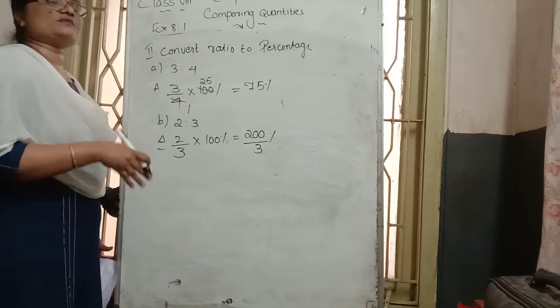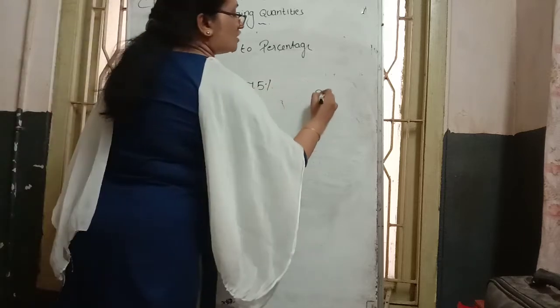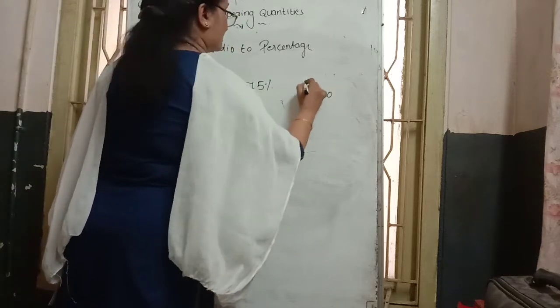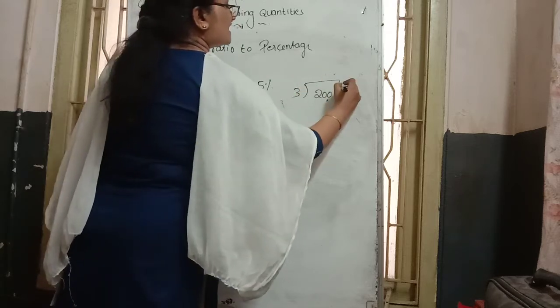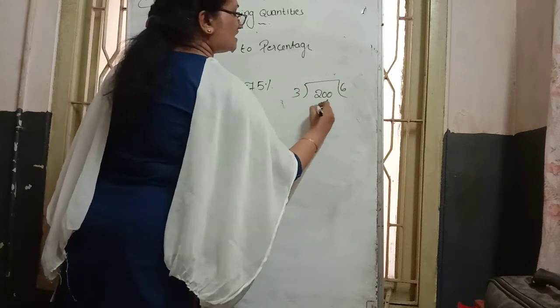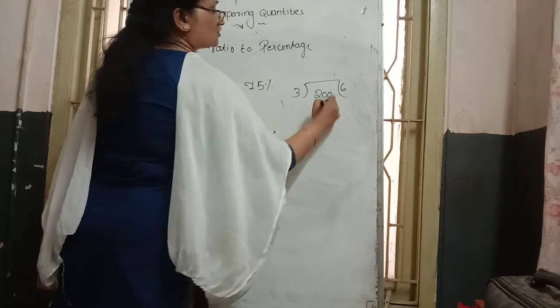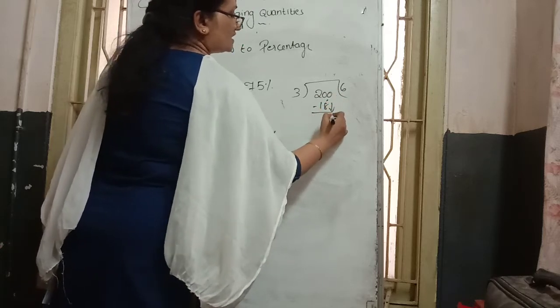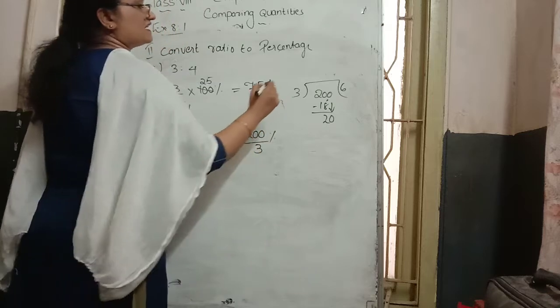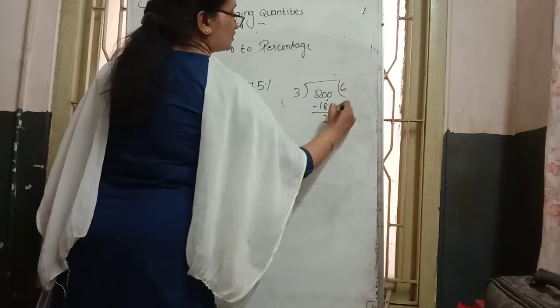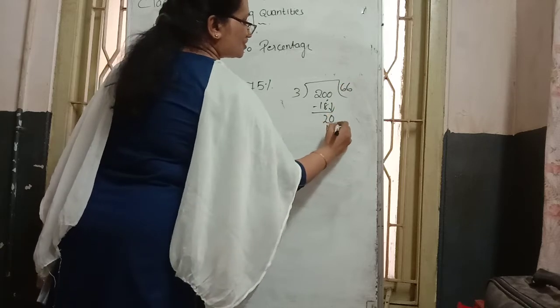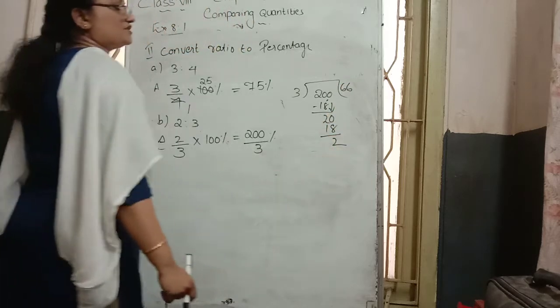Write it in mixed fraction form or as a decimal. How can we write it in mixed fraction form? 200 is divided by 3. 3 times 20 is not there, the nearest is 3 times 6 is 18. Subtract, then bring down the 0, 20 again, so again 3 times 6 is 18. Subtract again, remainder is 2.